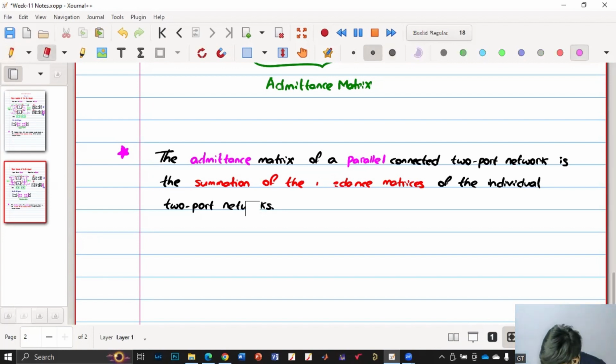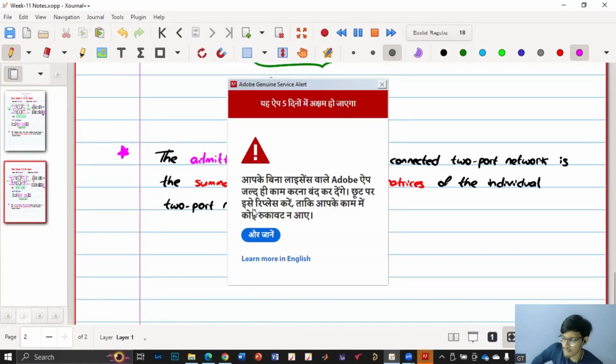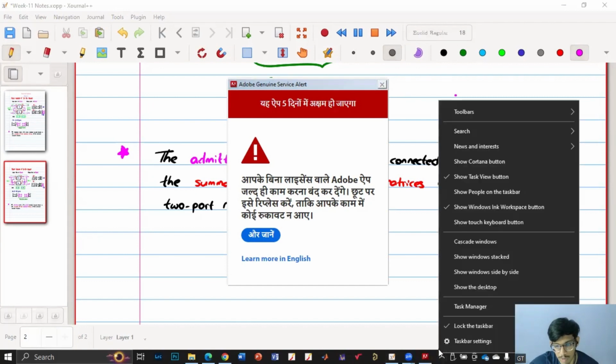So let me just quickly erase this. So this is the admittance matrices of the individual two-port networks. If it is connected in series, then the easiest way to calculate is the Z parameters.